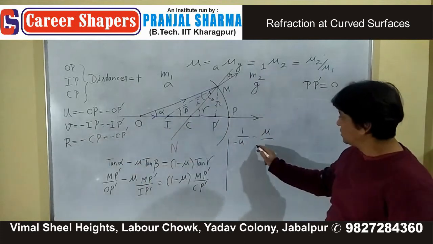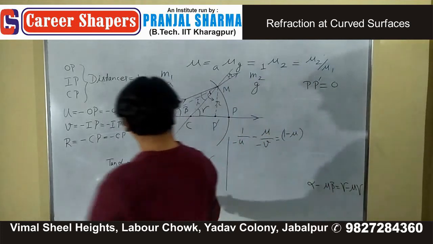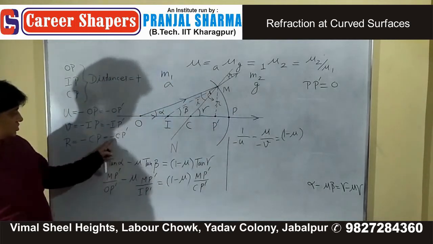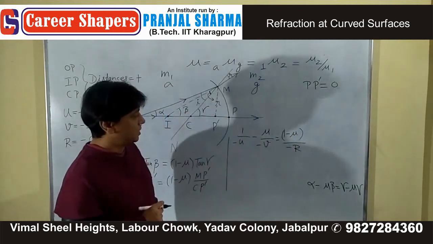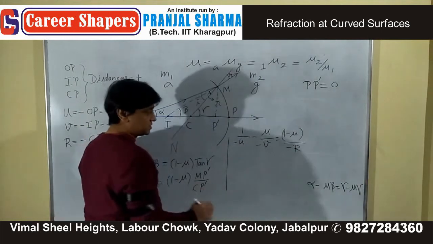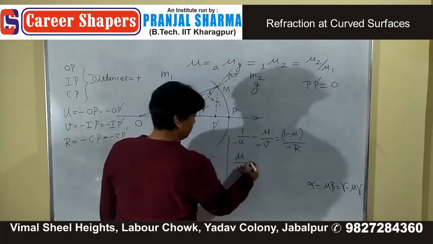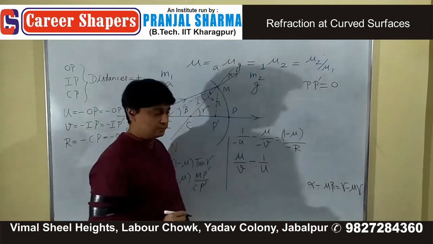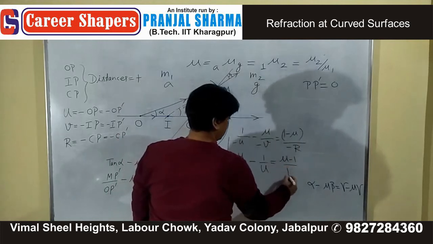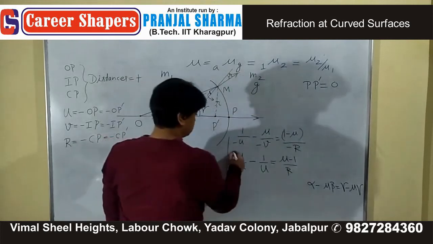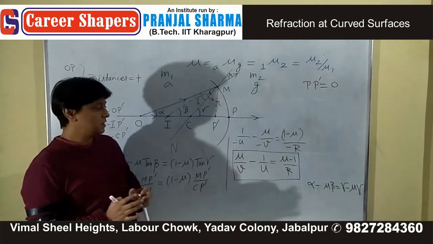Minus of V, equals to 1 minus mu divided by CP dash, and your CP dash is coming minus of R. This is minus of R. Now the whole thing is minus minus plus mu upon V minus of 1 upon U. Take the negative sign inside, mu minus 1 divided by R. This is the formula which we need for refraction at curved surfaces.